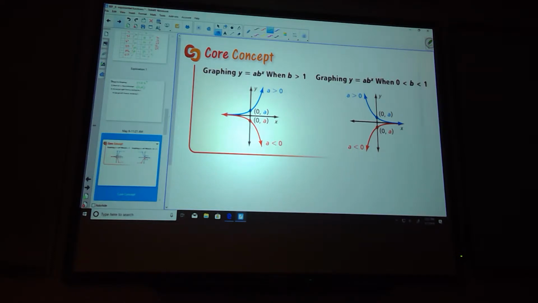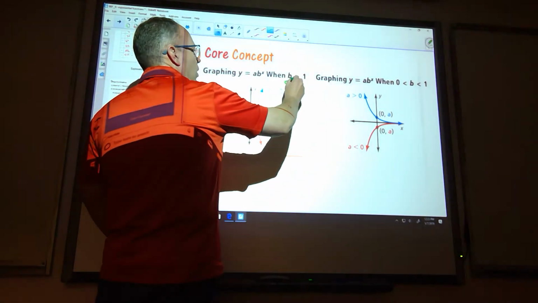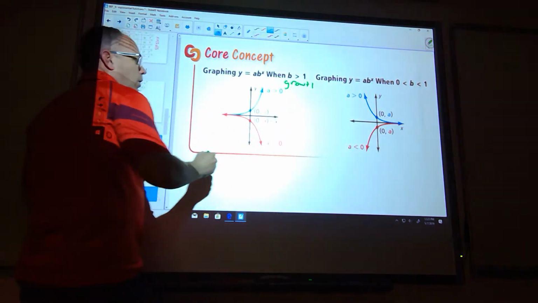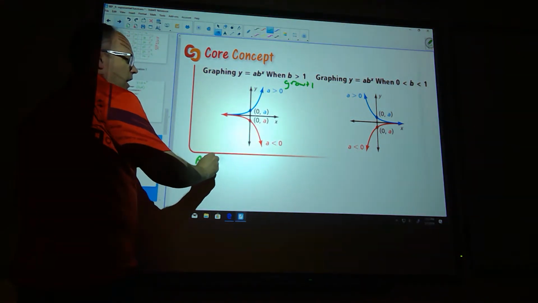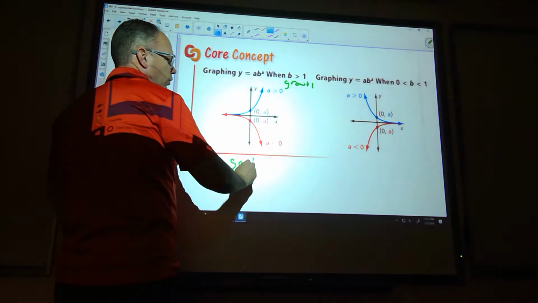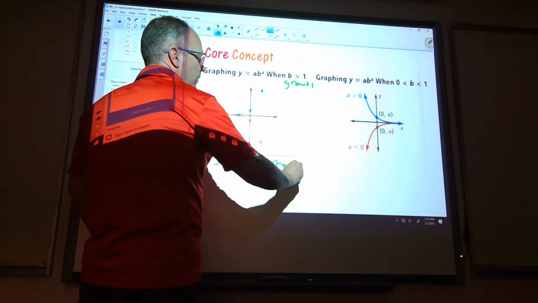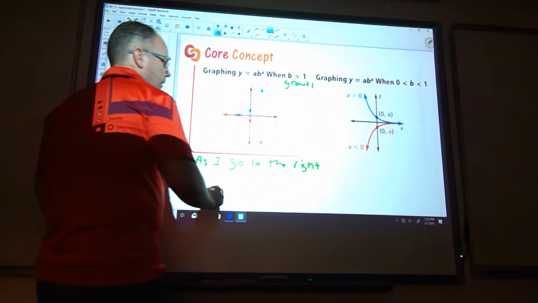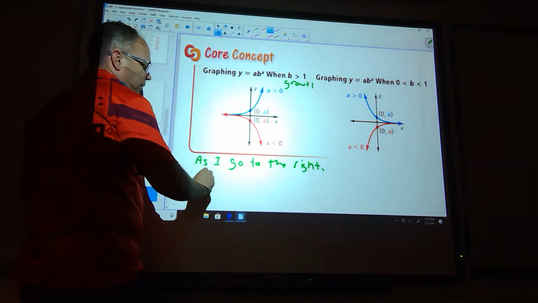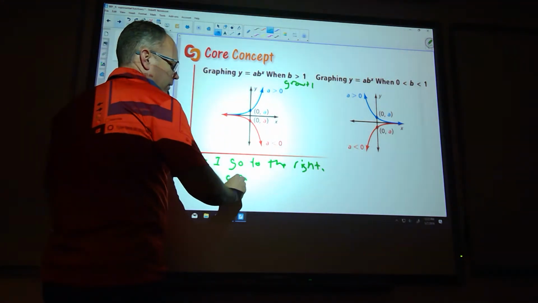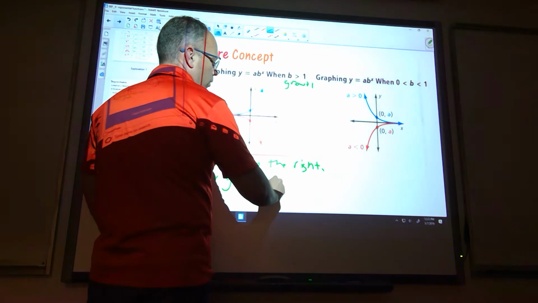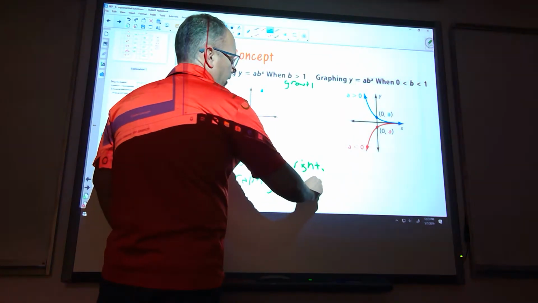Okay, so let's see. When I have y equals A times B raised to the x, where my B value is larger than 1, it's growth. And a thing to know about growth is, as I go to the right, my graph grows away.